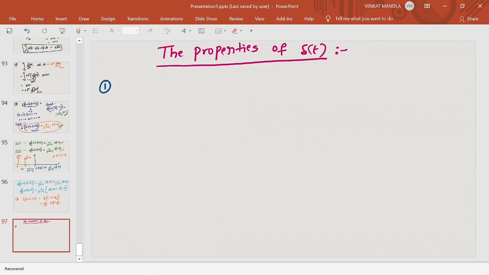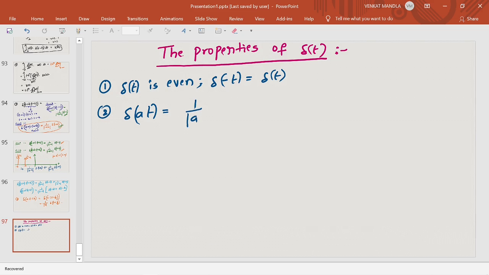So first is even. Del of t is even, that is del of minus t equals del of t. Next, del of at, scaling, equals 1 by mod a del of t. Next, the third one, del of t into x of t equals del of t into x of 0.